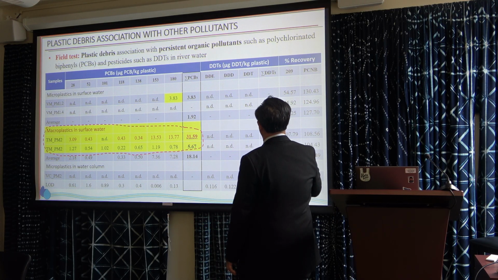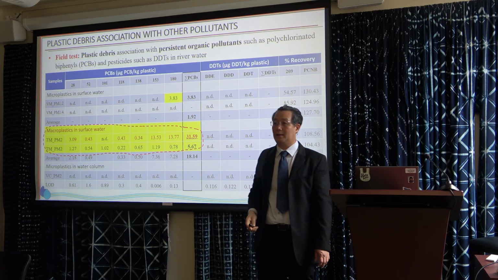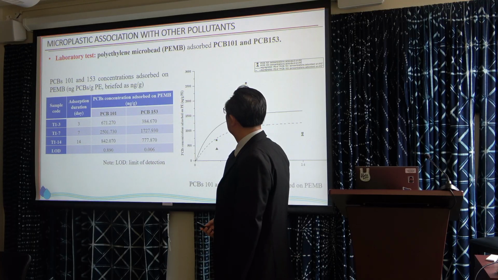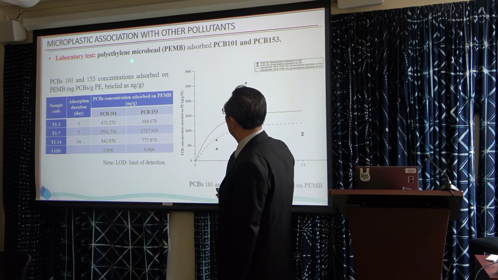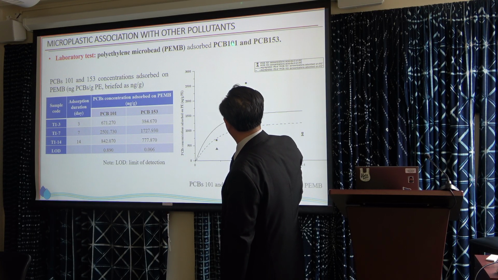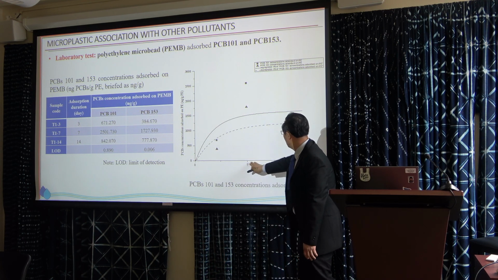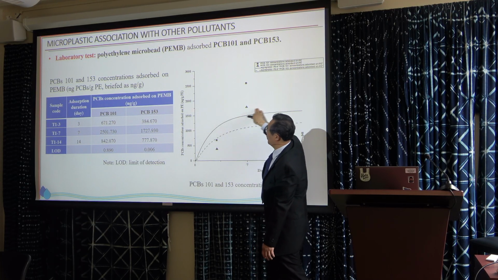In this sample, we don't see DDT, one type of pesticide. And in the laboratory test, we also tested polyethylene macroplastic absorbing PCB 101 and PCB 153. We found that after a few absorption days, like 7 days and 14 days, the concentration of this compound on the plastic increased.